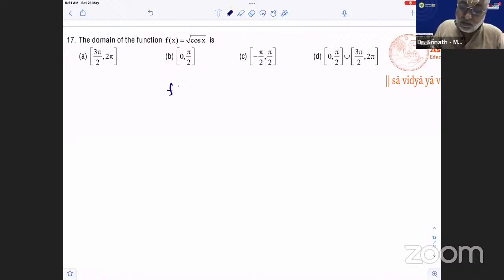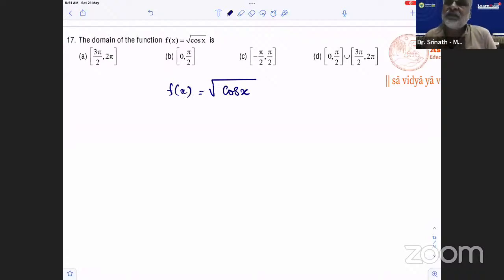So you have been given f of x is equal to root of cos x. We want the domain of f of x. Since it is root of something, whatever is within the root should not be negative for the function to be defined properly.